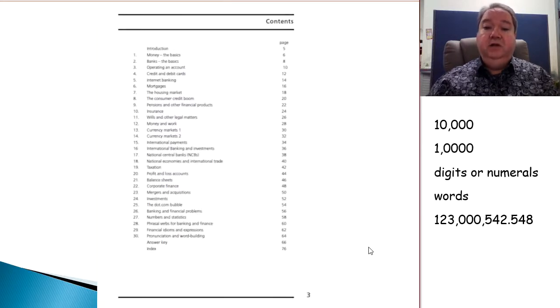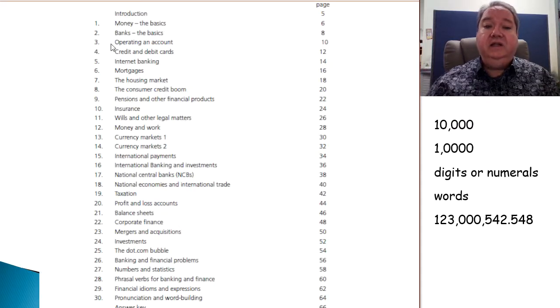Okay, so if we look at the table of contents here, you'll see there's about 30 chapters. Okay, we will not do all 30 chapters. Basically we're going to do about the first 5 or 6 chapters, and we will do about the last 5 or 6 chapters.